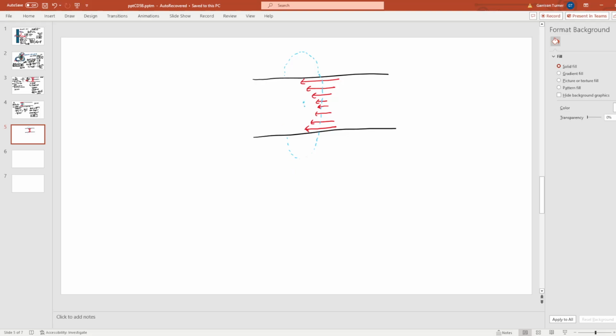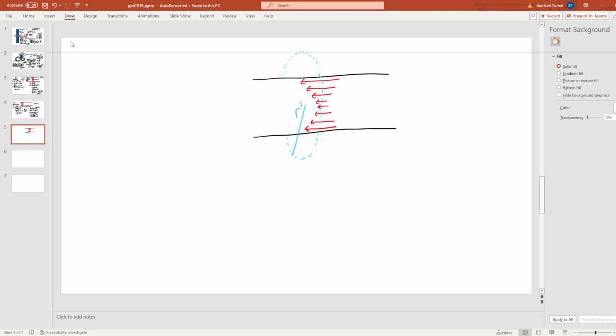Okay? And my Amperian loop is still going to have a radius r, but now that radius is greater than the radius of the wire.